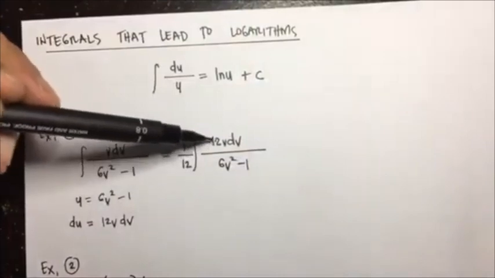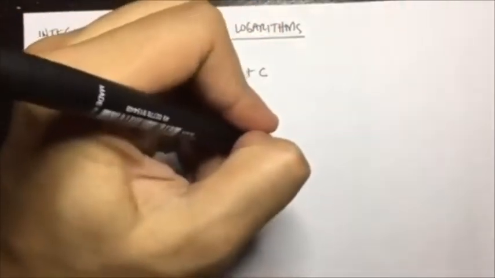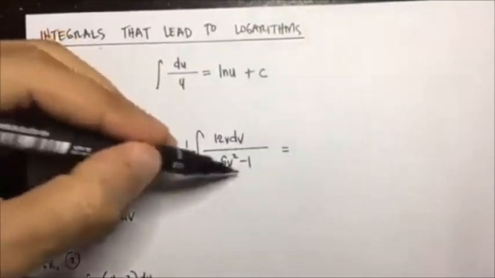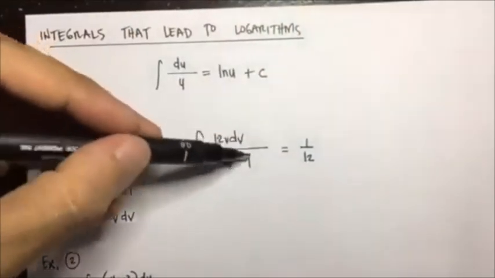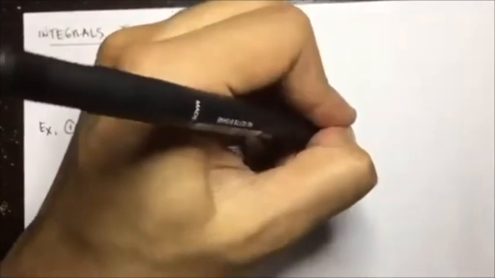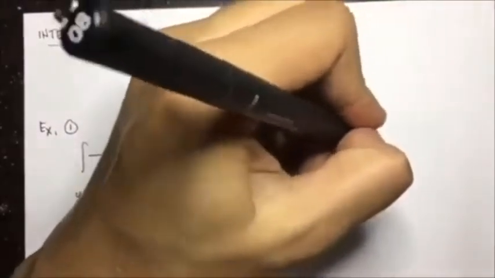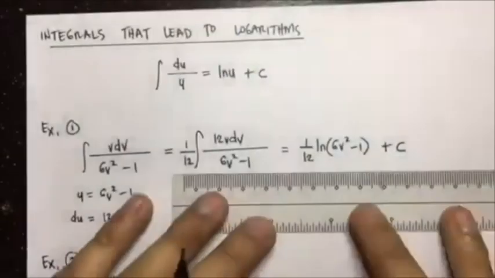Now our numerator is the complete differential of the denominator, so we can now apply the formula. So this will become 1 over 12 times ln of 6v squared minus 1, plus c.